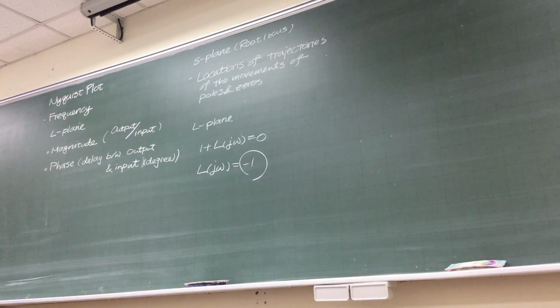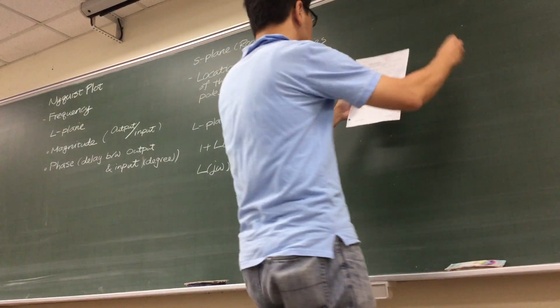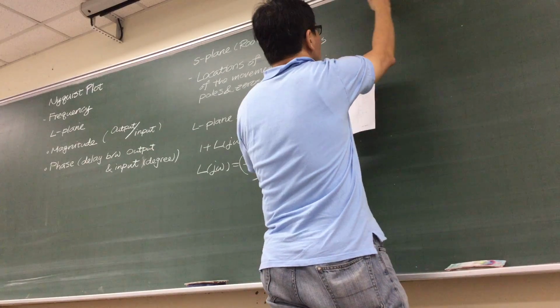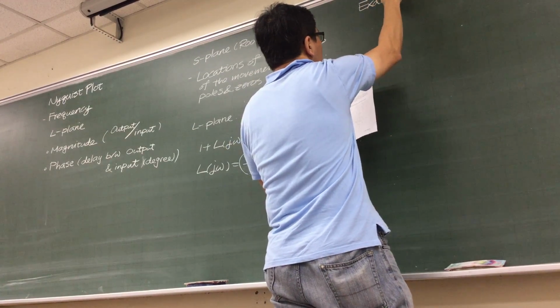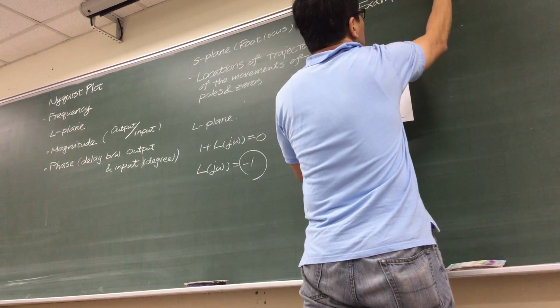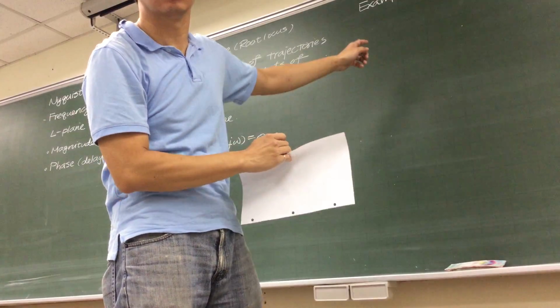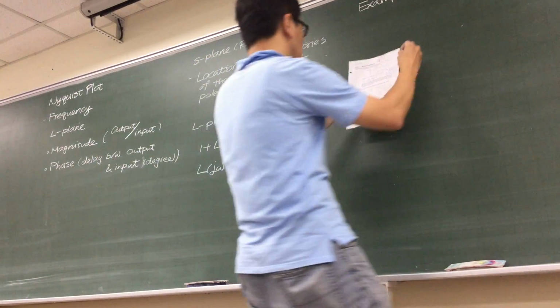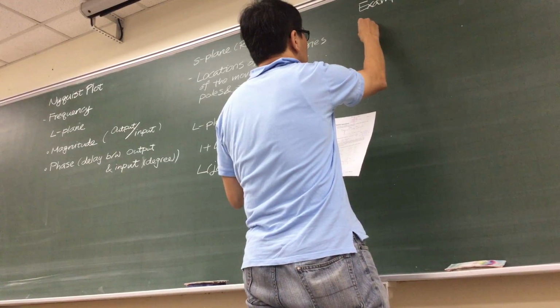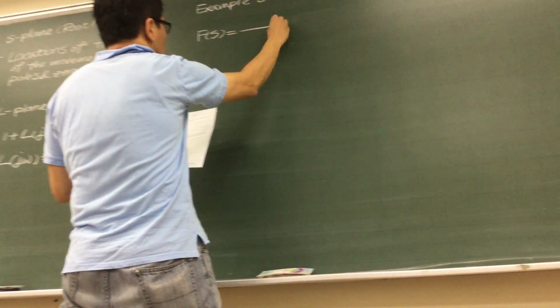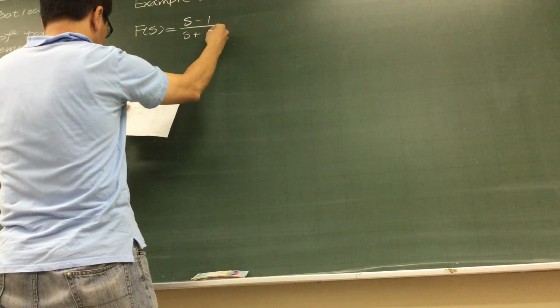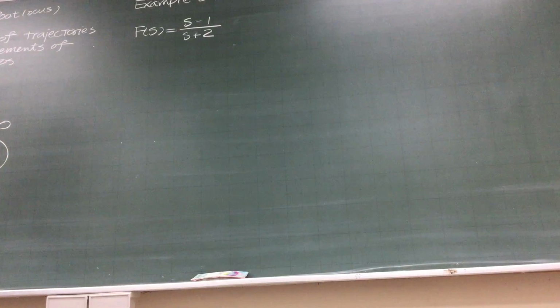So to be specific, how are we going to draw our Nyquist plot? Let's use one of the examples to do the plot. We haven't talked about this one, right? So we would like to plot the response, which is this.